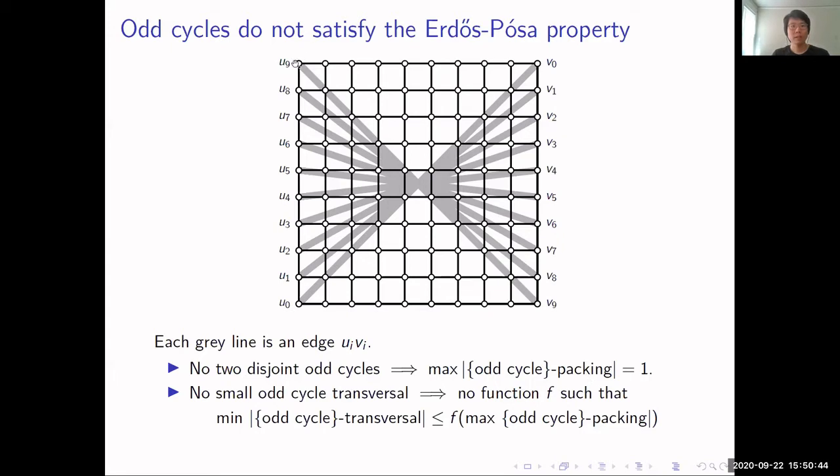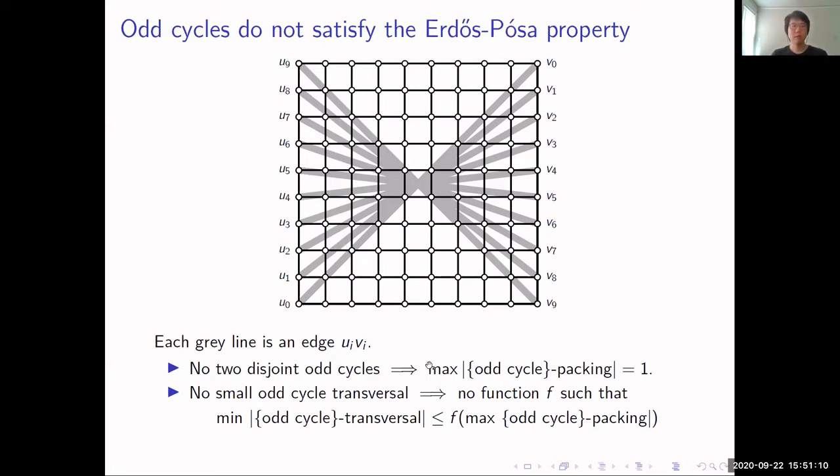Let's take this big planar grid graph, and we add an edge between u_i and v_i for each pair. Each of these gray lines indicates one edge. So it's the big grid plus these non-planar edges. This is not planar, but it can be embedded on the projective plane.